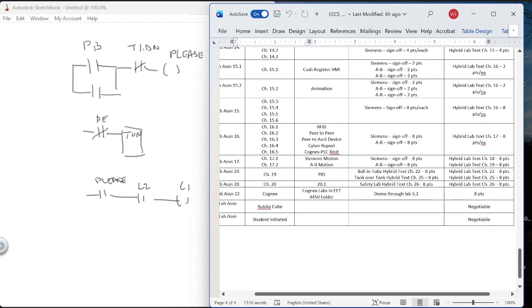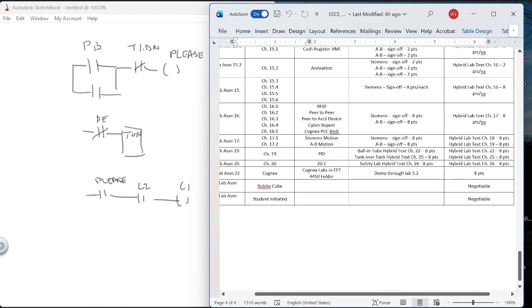So if you did them in chapter 7, you can't do them in chapter 15 if you use the HMI. But if you didn't use the HMI, if you wired one of those labs in chapter 7, and then you want to do it again in chapter 15, I'll give that one to you. That's not a lot of points, but it's a couple of points.